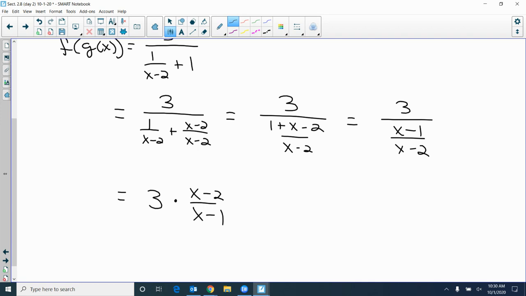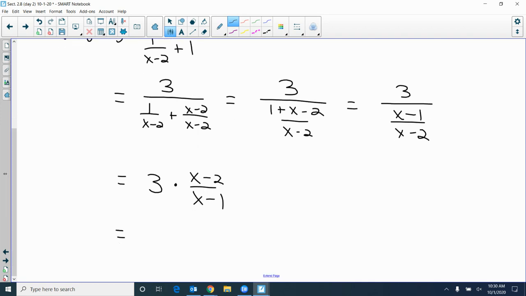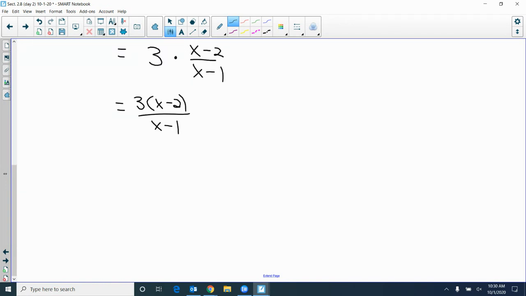Flip it. And now that becomes 3 times x minus 2 over x minus 1. It would be fine to leave it like that, or you could distribute the 3. Nothing cancels. So f of g of x is 3x minus 6 over x minus 1 for that.